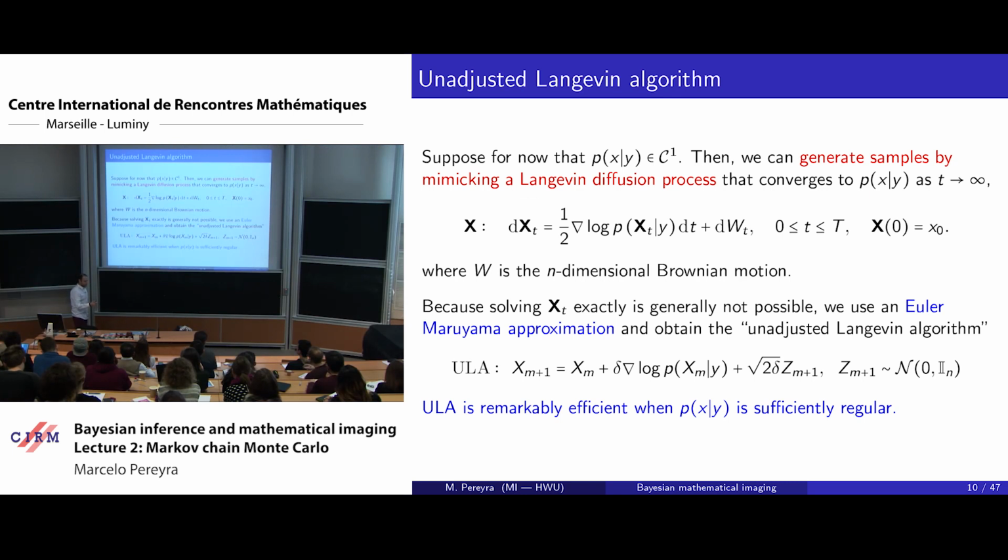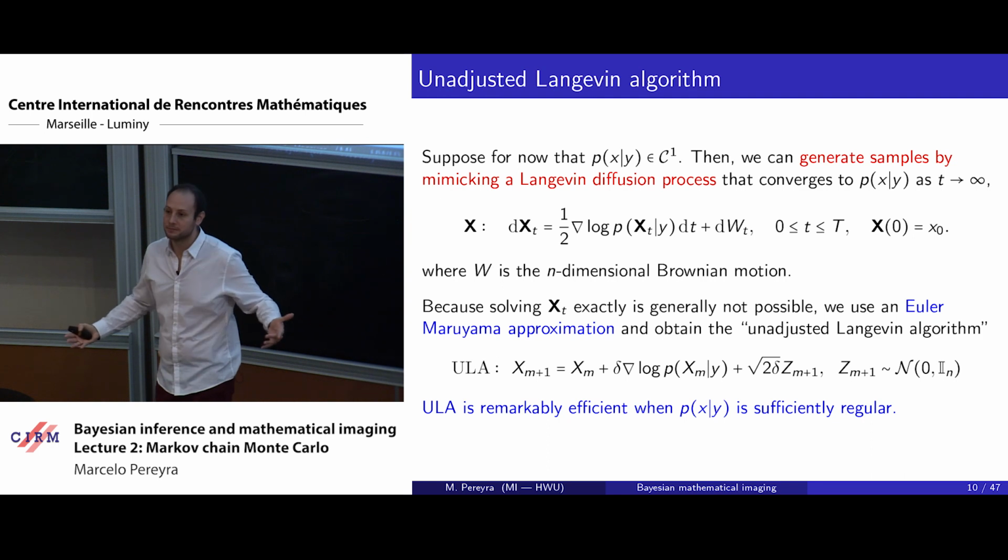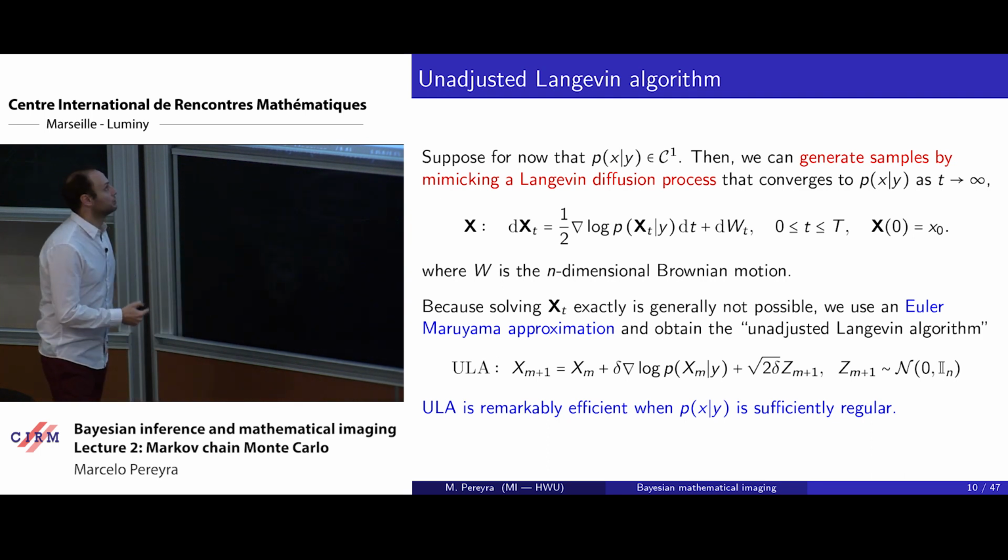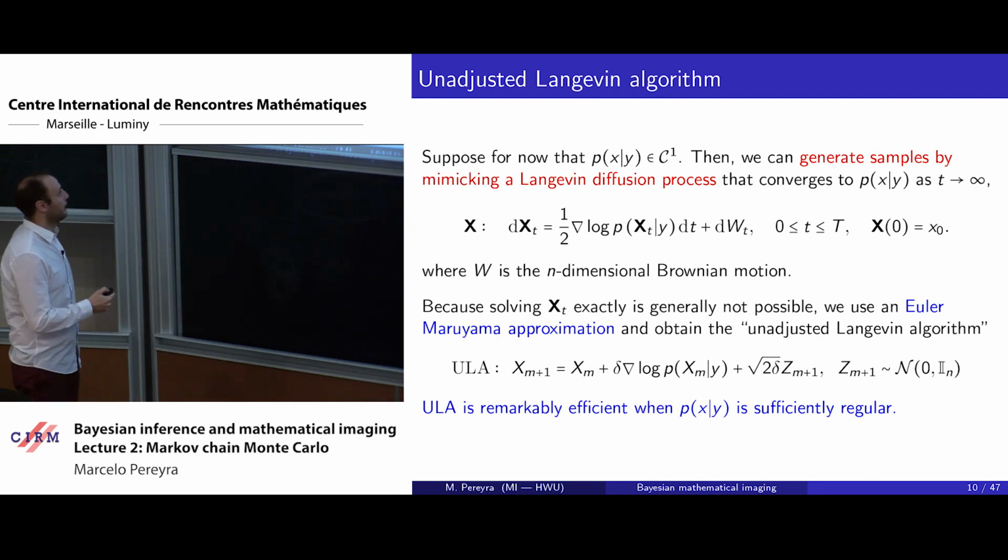If you're not familiar with stochastic differential equations, today is not the day in which you will learn about them. But let's just say that it's an equation that acts on random variables. So at time t, x has a certain distribution, and at time t plus delta t, that distribution is changing a bit. And the way in which it changes is defined in this way.